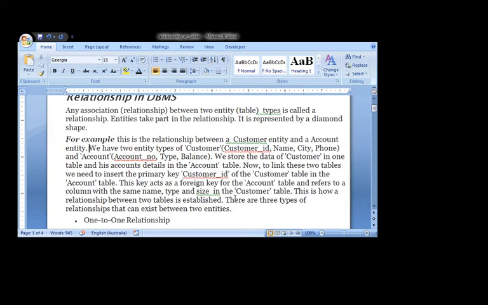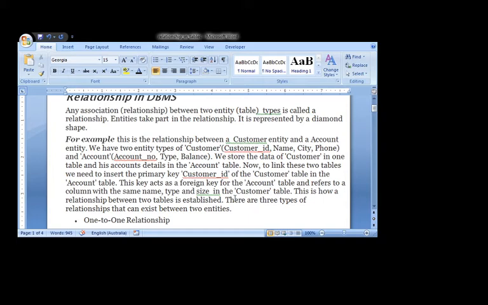Now, to link these two tables, we need to insert the primary key, that is customer ID of the customer table, in the account table. So very clear, in customer table, customer ID is primary key, and in account table, customer ID is foreign key.